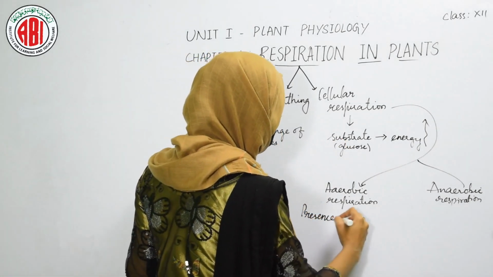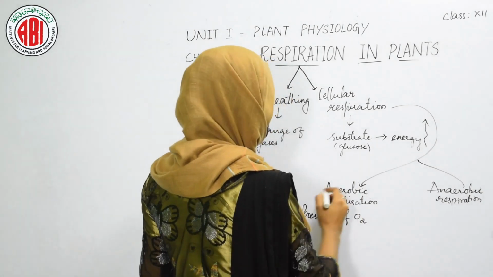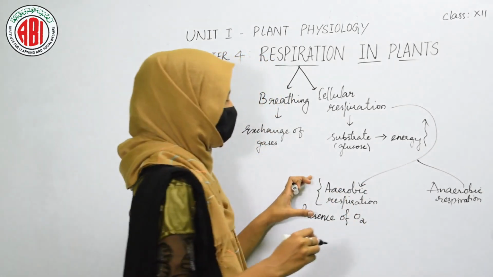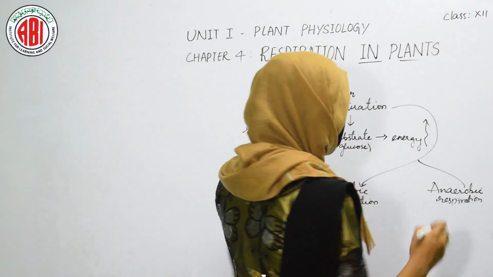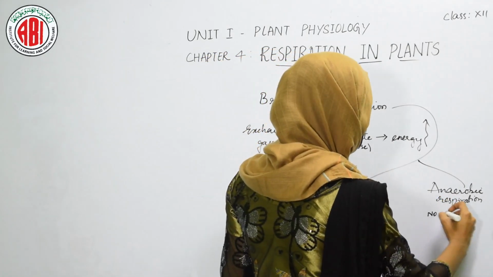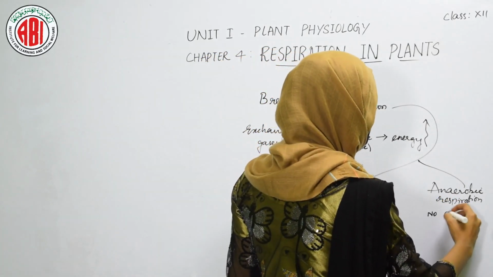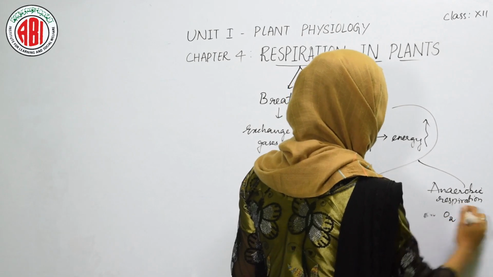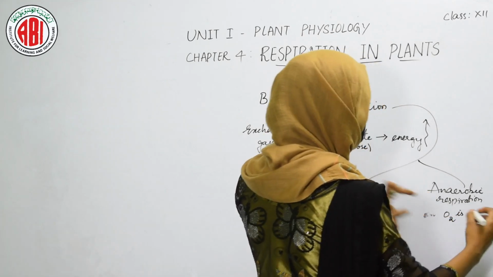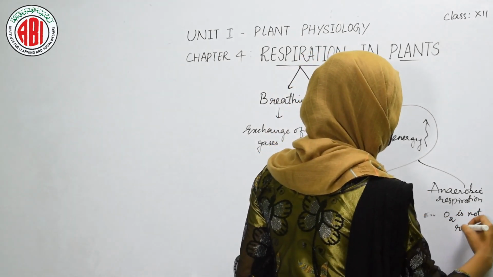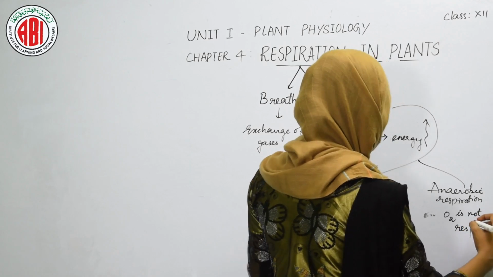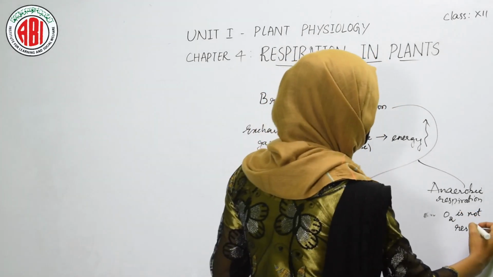Oxygen is required to carry out this process. So this is nothing but aerobic respiration. Whereas in anaerobic respiration, there is no need of oxygen. Oxygen is not required in carrying out the process of anaerobic respiration. So this is the main difference between aerobic and anaerobic respiration.